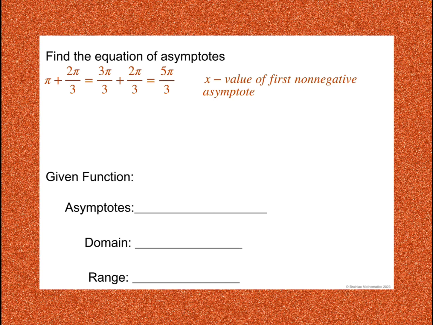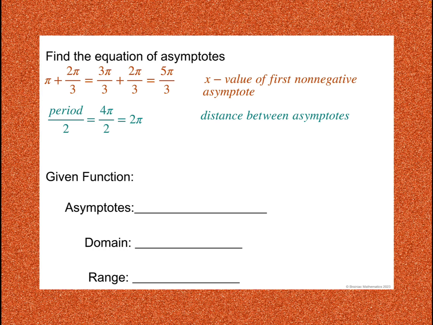Next thing I need to do is find the distance between my asymptotes. Remember, for secant and cosecant, the distance between asymptotes will always be the period of the function divided by 2. Our period of this function was 4 pi. 4 pi divided by 2 gives us 2 pi, and so that's the distance between our asymptotes.